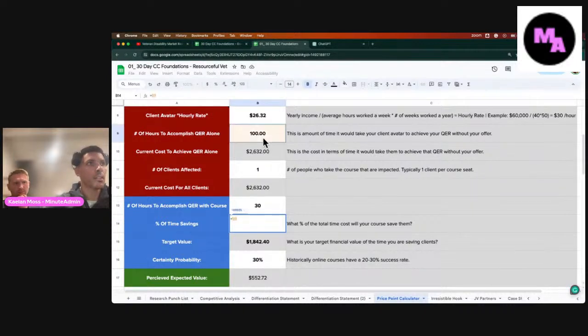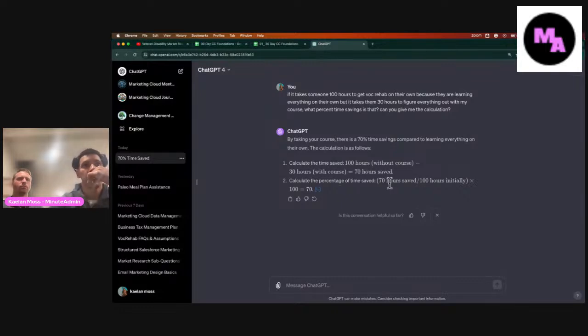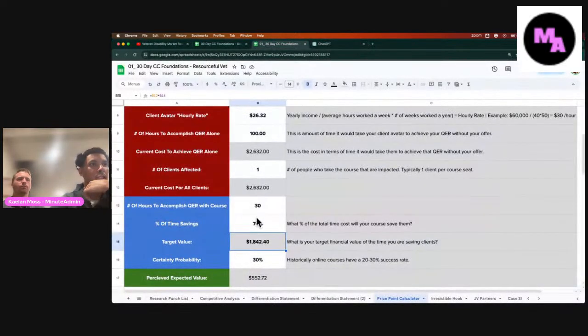This equals 100 minus 30, and that equals 70, divided by 100. So 100 minus 30 is 70, and 70 divided by 100 is 0.7, which is basically the calculation to get the percentage.